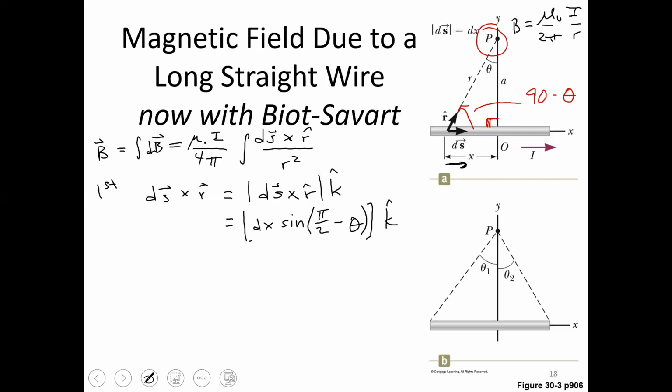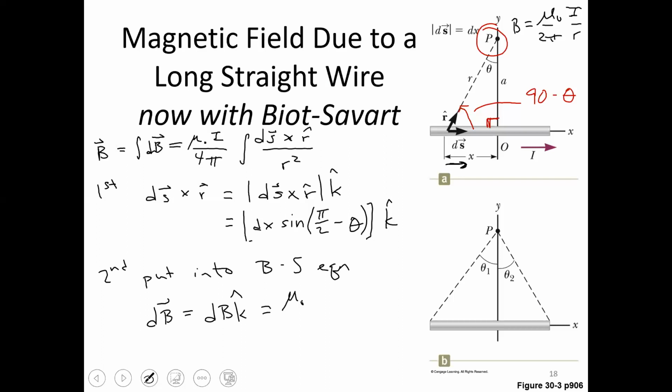Okay, so once I've evaluated that, I want to substitute this into the equation. So my second step is I'm going to put this into my Biot-Savart equation. When I do that, I'm going to have something that looks like dB equals the magnitude dB in the k-hat direction at that point, right?